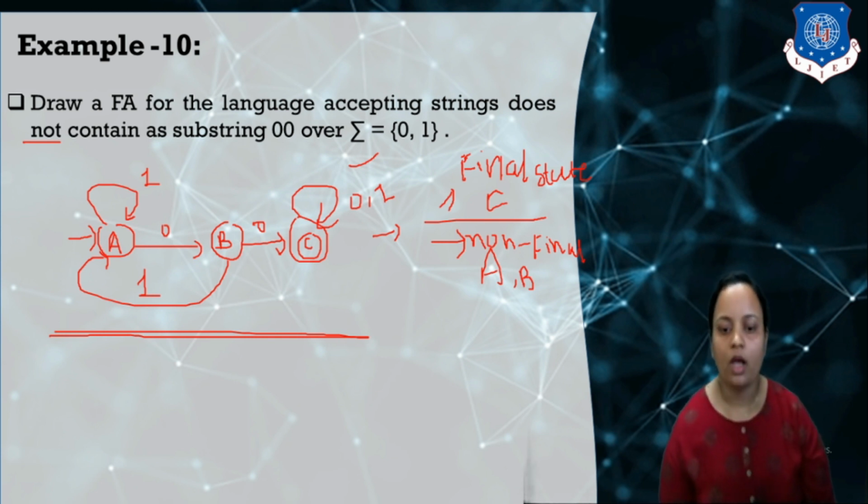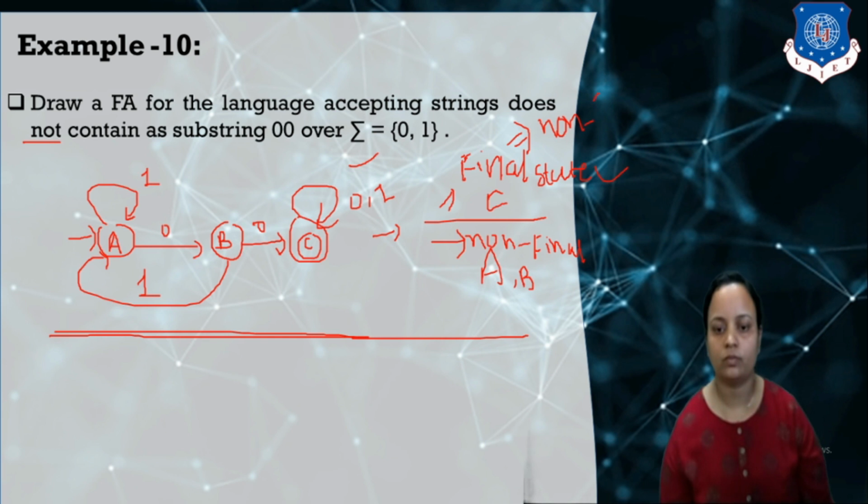Okay. Now what we have to do is take the complement. A complement means we have to draw the DFA for does not contain. So simple: make the final state a non-final state, reverse it, and make the non-final states final.